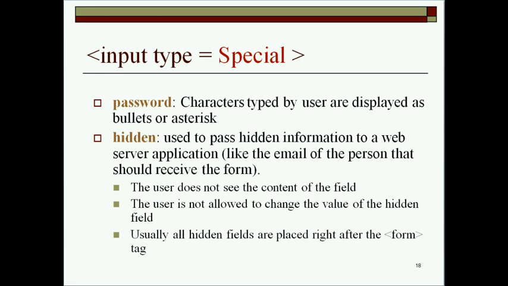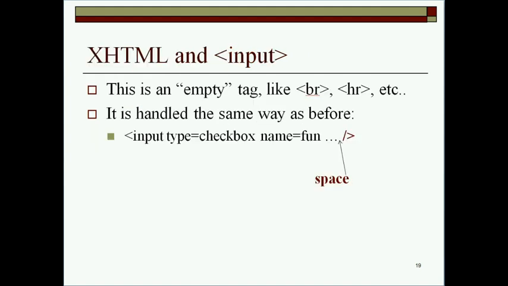So the password type will be a text box, but the characters that are typed by the user are displayed as bullets or asterisks. That is meant as a special type of text box that will hold information that usually is meant to be a password, and therefore it needs to be encrypted and not displayed.